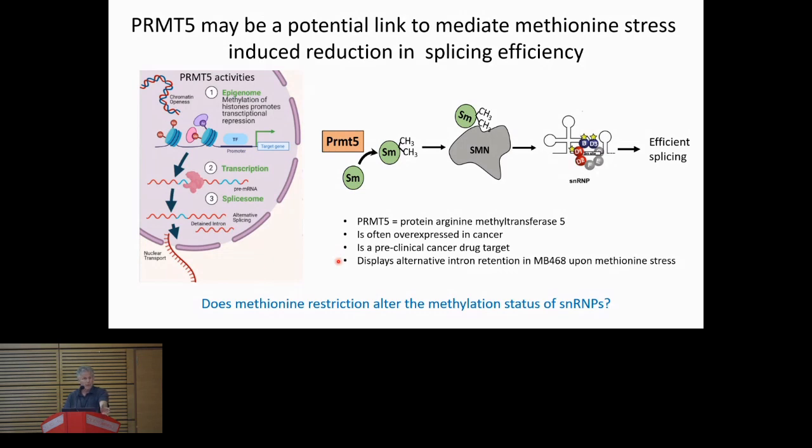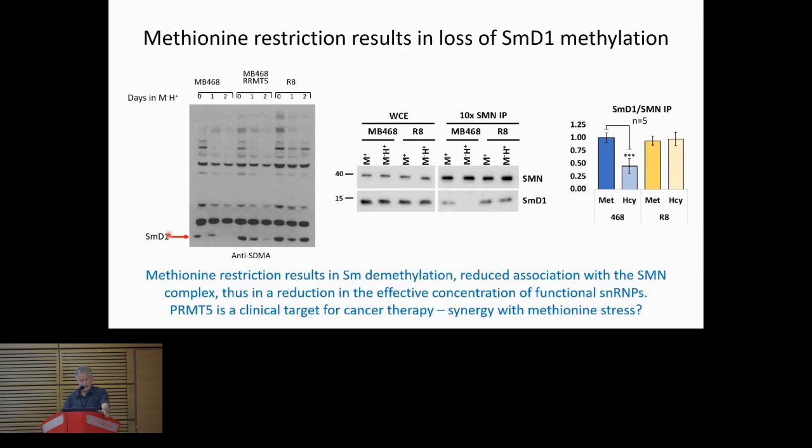And so what we ended up doing was to evaluate, do these SM proteins get differentially methylated? And so what you see here on the left-hand side, and I'm pointing here to the SMD1, upon growth in the restricted medium, you see a loss of methylation of the SMD1. You also see a loss of interaction of SMD1 with the SMN complex.